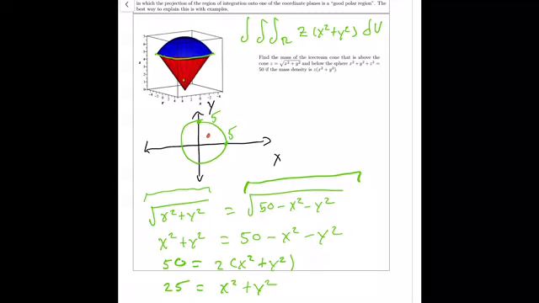Now, for every fixed point in the xy plane, the z values are going to go from a point on the cone to a point on the sphere.